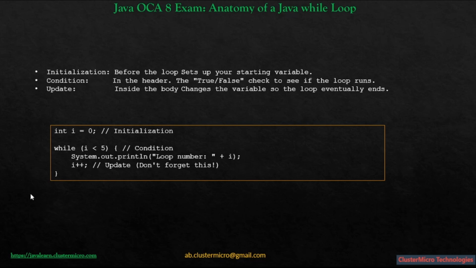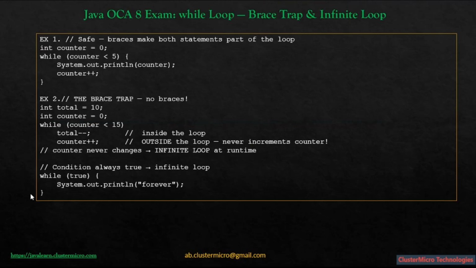The while loop brace trap is a very common pattern, and it behaves the same way as the if statement brace trap that we discussed earlier. When curly braces are omitted, as in example 2, only the very next statement belongs to the loop body. Any statements that follow are outside the loop, even if they appear indented as if they were part of it. So in this example, total-- is the only statement executed inside the loop, because after while counter less than 15 there is no curly brace.